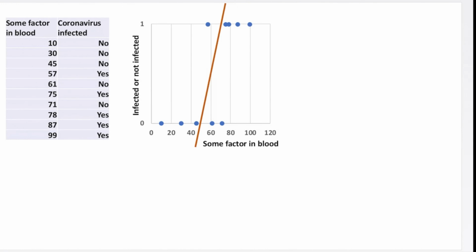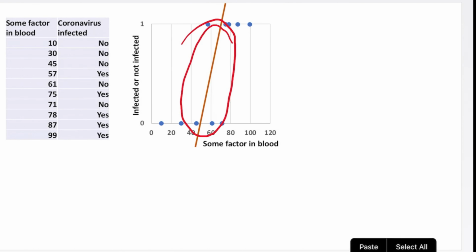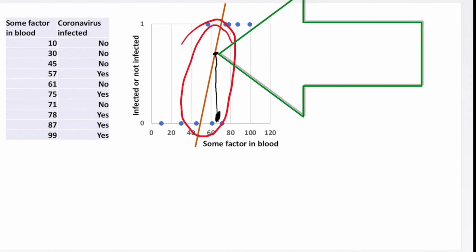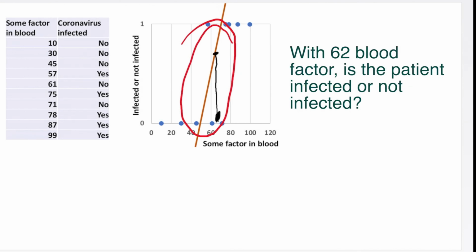But notice that there is a confusion zone in this area. If we have a blood sample with, let's say, 62 factor in the blood, so 62 will be somewhere very close to here, 62 crisscrosses here. So what should we consider? Again, this is just a drawing.